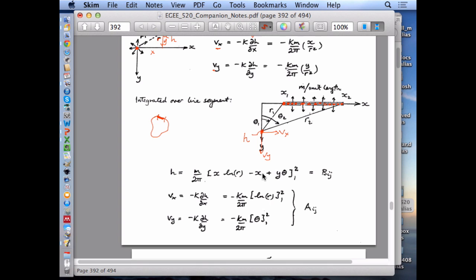And so what that gives you is a way of being able to calculate an influence function, so that the head at a particular location is given by some influence function which includes also this magnitude m. And so we're going to assume that m is a unit strength, a strength of 1. And so one of the parameters that we're going to solve for is what is the distribution of all those strengths m that we have to apply to satisfy our boundary conditions.